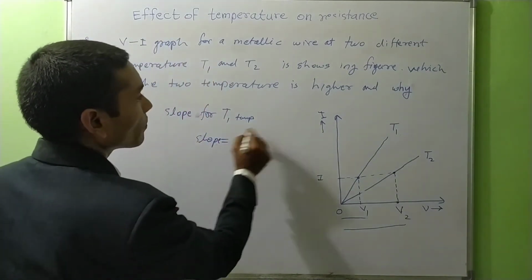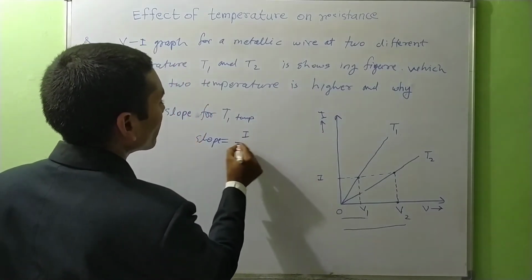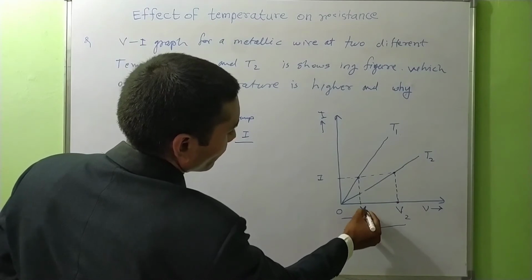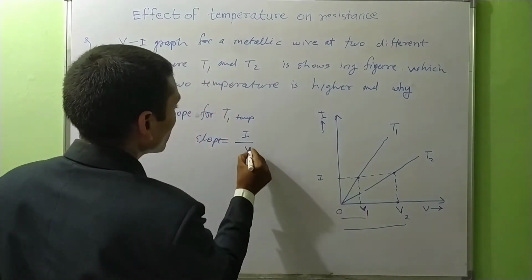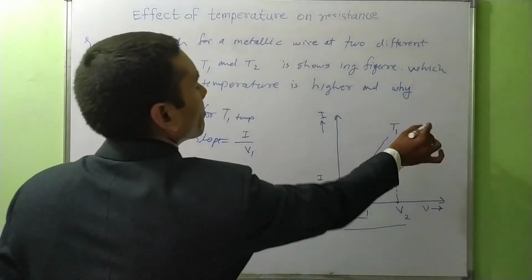So the slope is the current I upon the corresponding value of V for T1, which is V1. This is the slope for T1 temperature.